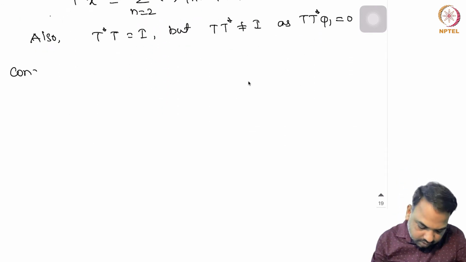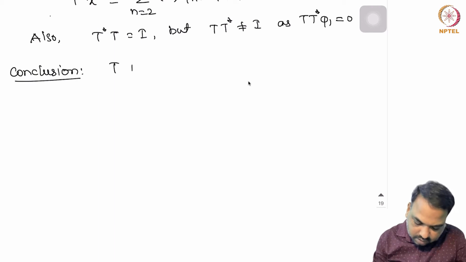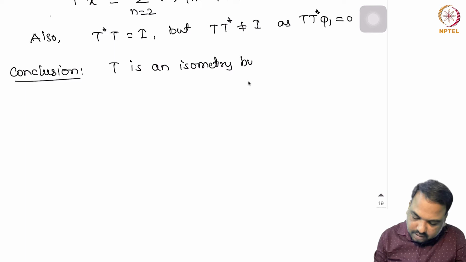So the conclusion is the following: T is an isometry but not a unitary.